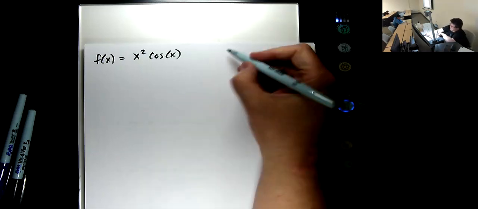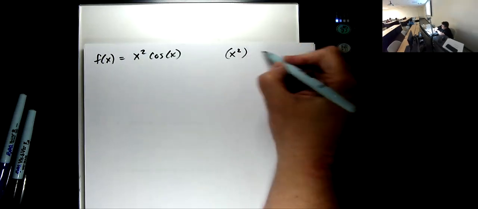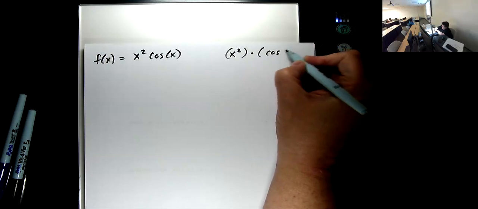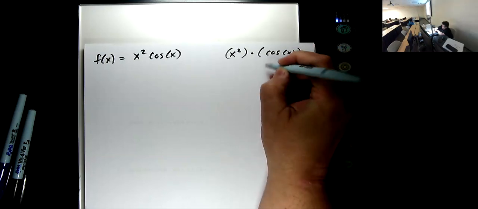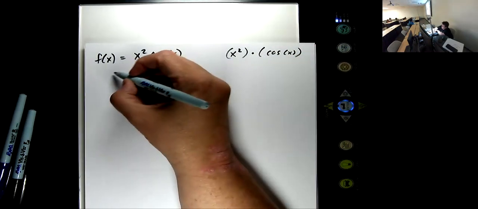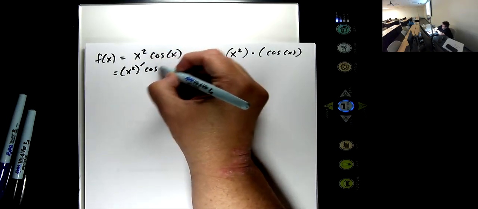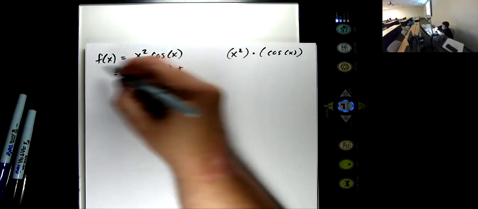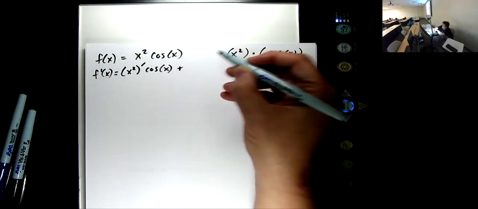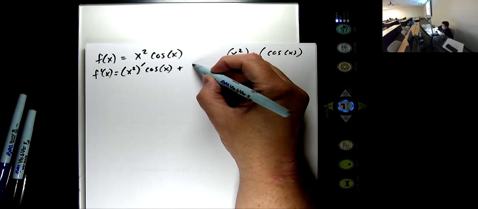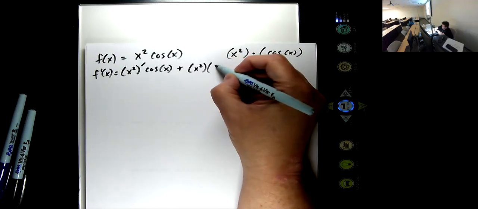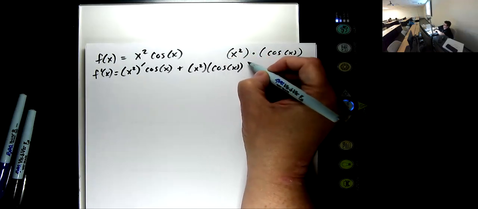This is a product of x squared times cosine x, so we're going to use the product rule: x squared prime cosine x plus, this is f prime of x, x squared times cosine x prime.